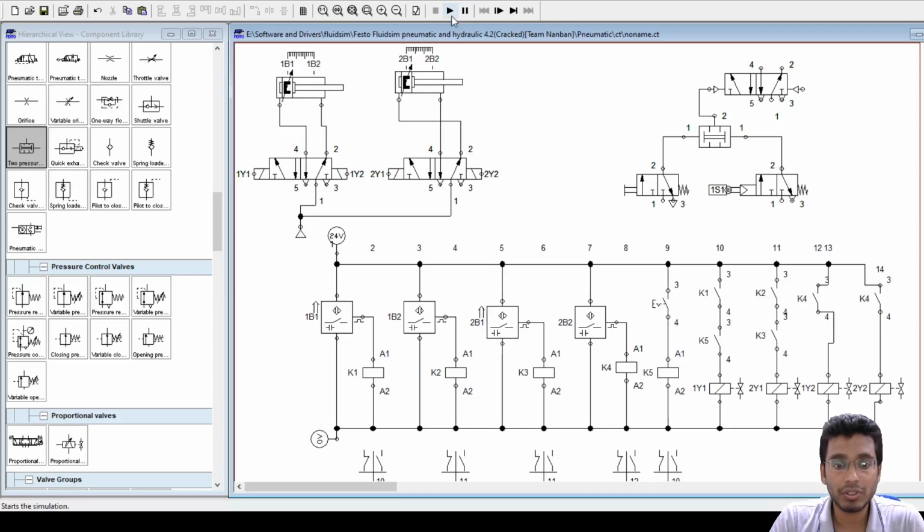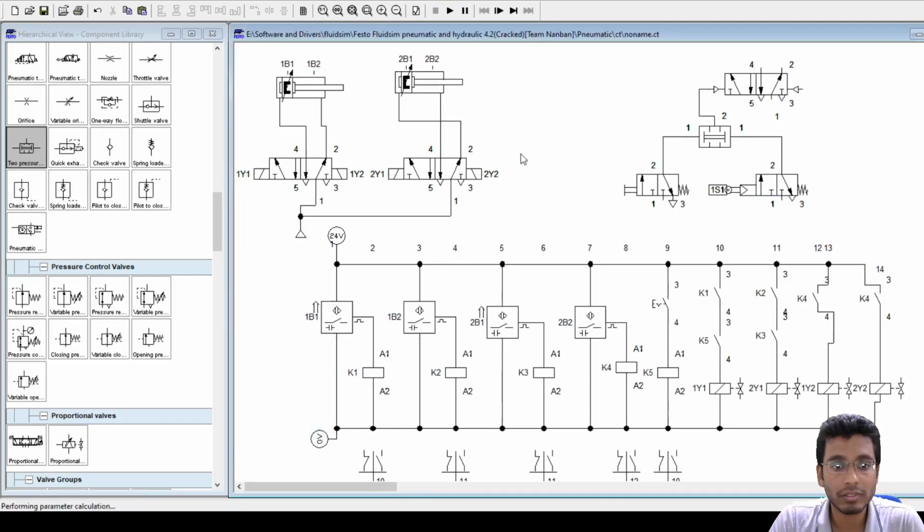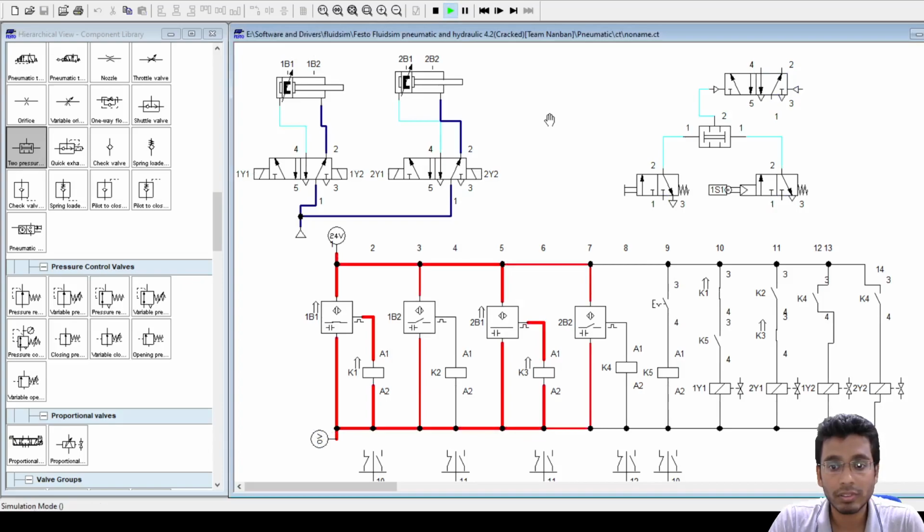Okay, fine. So we were there in this circuit. Then you have your K1 and your K3.